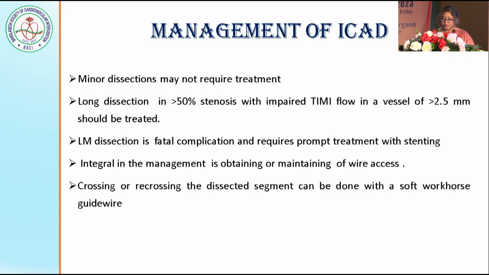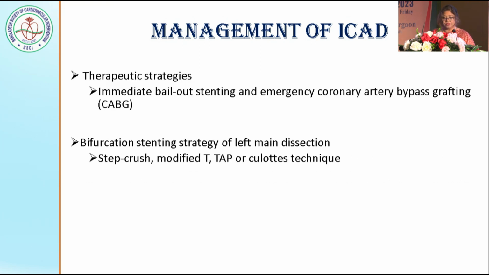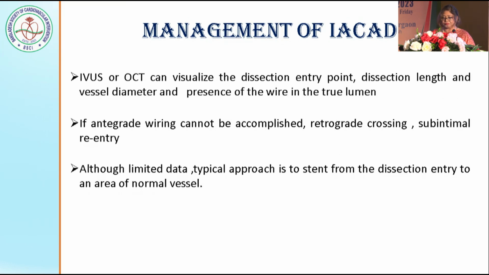Integral to management is obtaining and maintaining the wire access. Crossing and recrossing the dissected segment can be done with a soft workhorse guide wire. Therapeutic strategies are immediate bailout stenting or emergency coronary artery bypass grafting. In case of LM dissection, a bifurcation stenting strategy can be adopted.